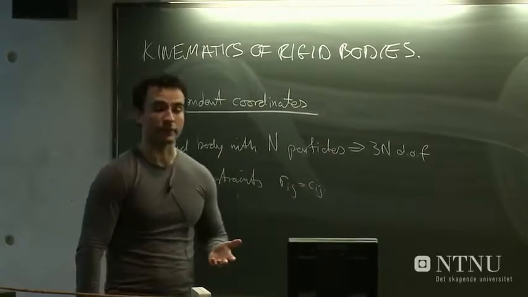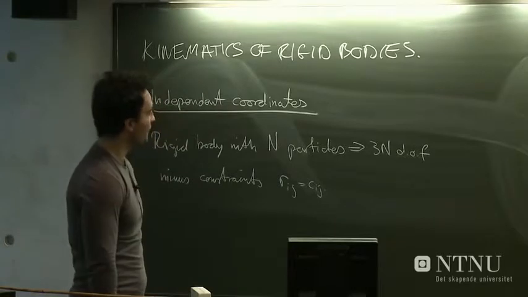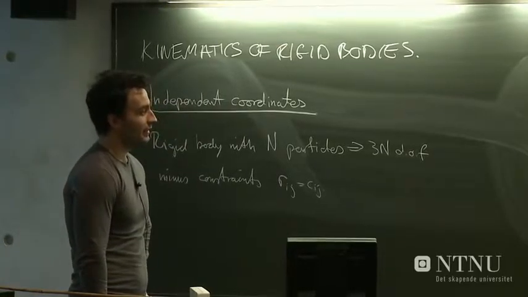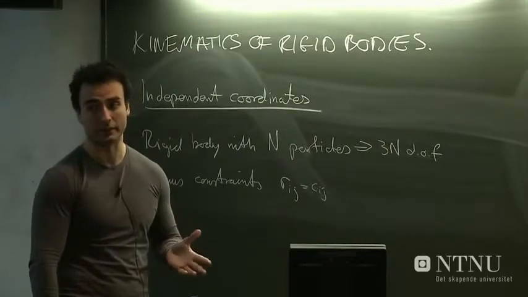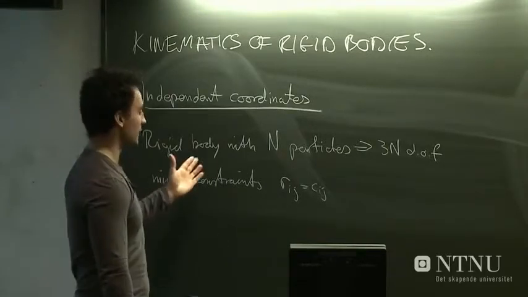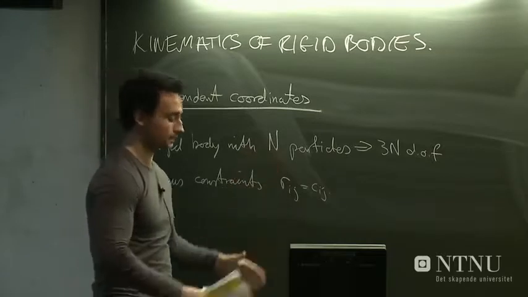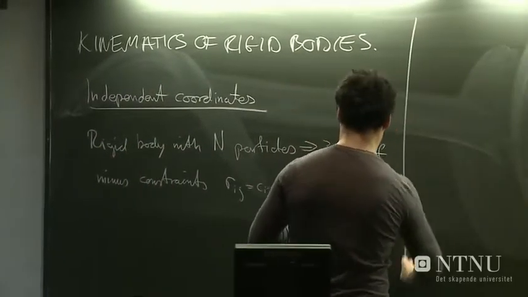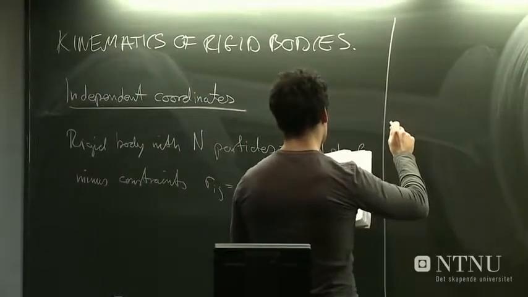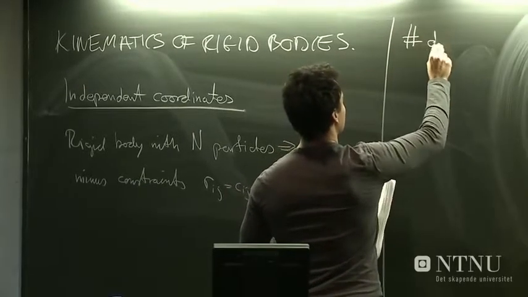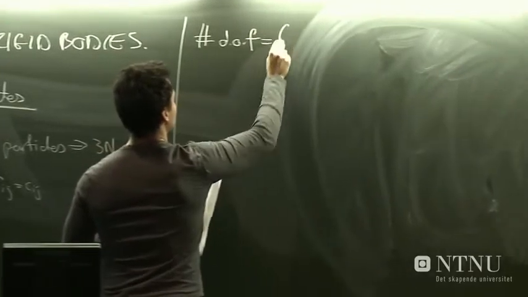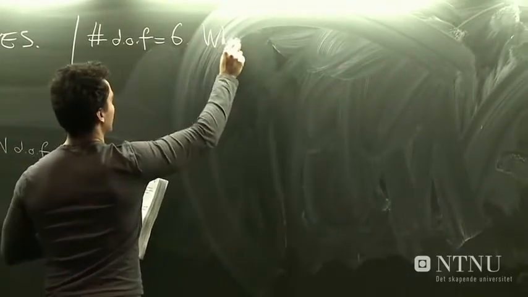So how many degrees of freedom do we have? Well, let me suggest to you that we have 6 degrees of freedom for a rigid body with n particles. And so let me justify this statement.